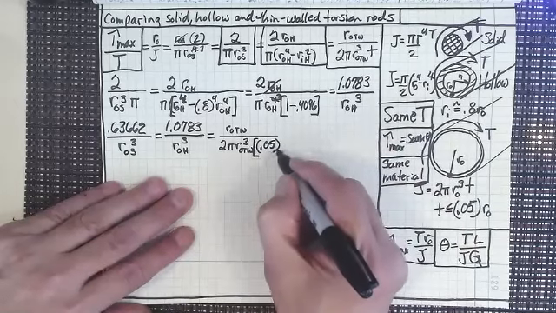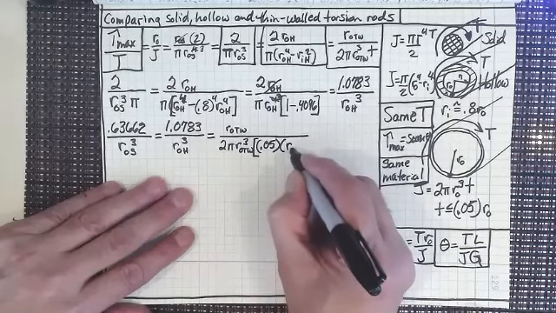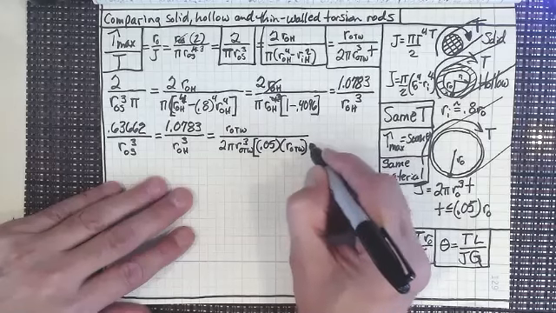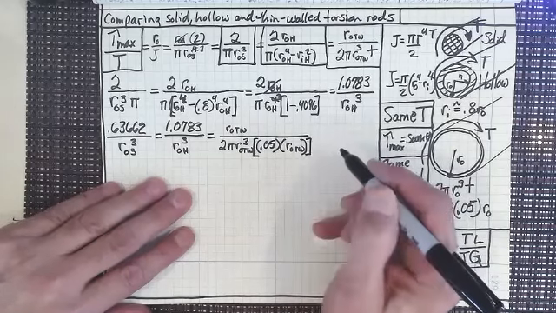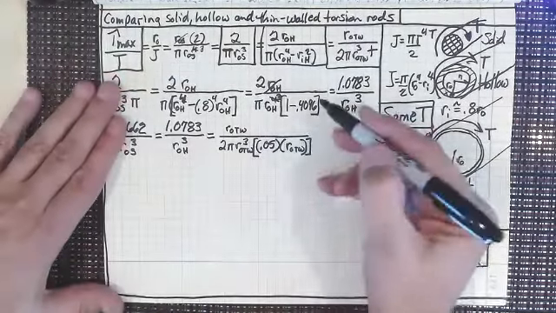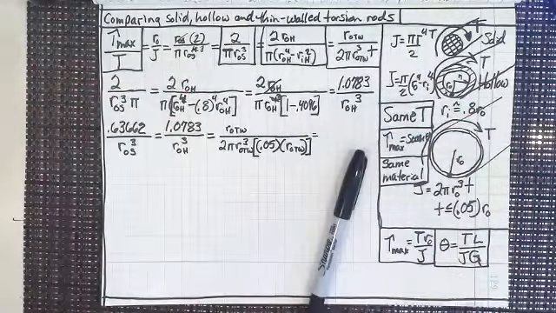Because T is 0.05 or 5% of the outer thin-walled torsion rod, right?